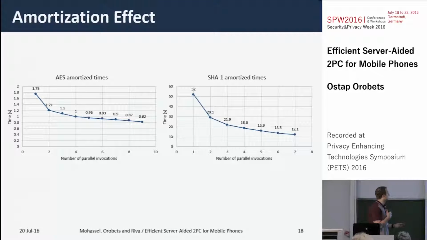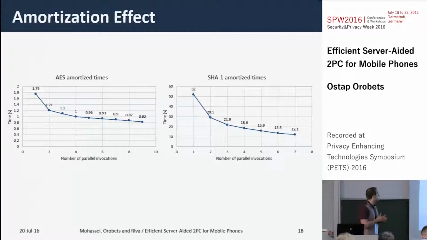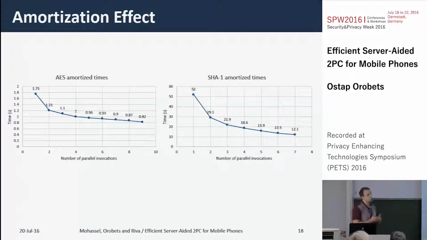To overcome this, we constructed additional circuits where we did AES and SHA-1 batch invocation. The depth of the circuit was the same, but we were able to compute multiple blocks at a time. It lowered the computation of AES to 0.82 and SHA-1 to 12 seconds from 52.